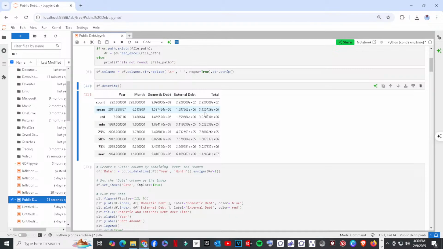Now that's the average spread across the years, from 1999 to 2024.